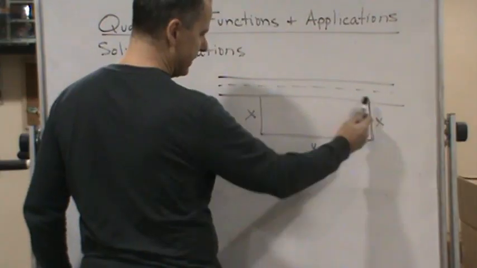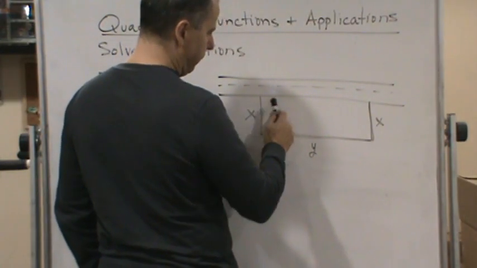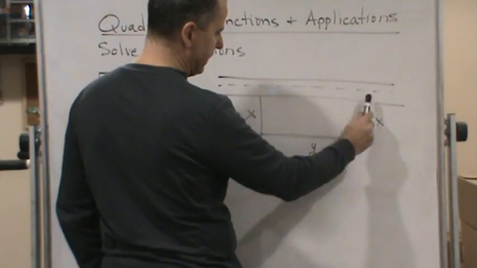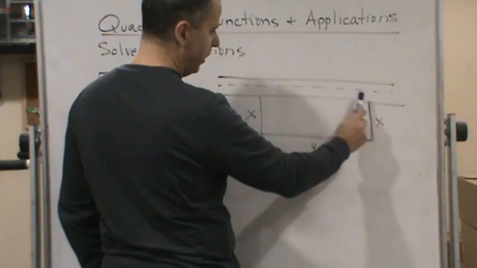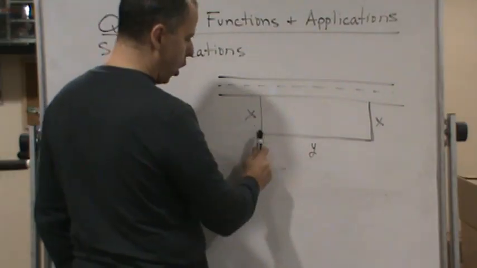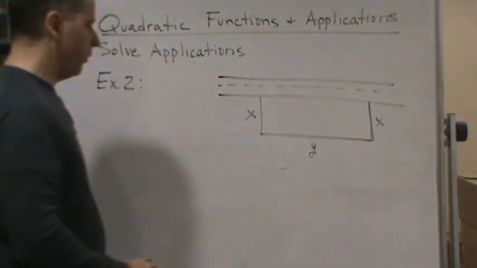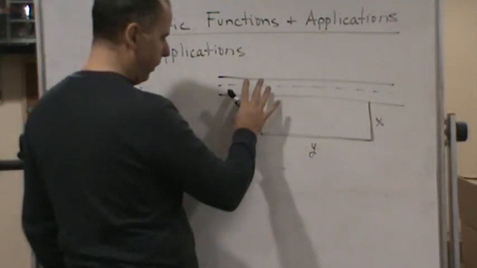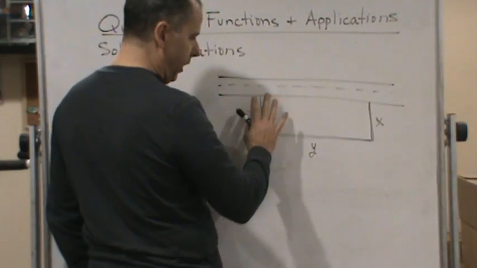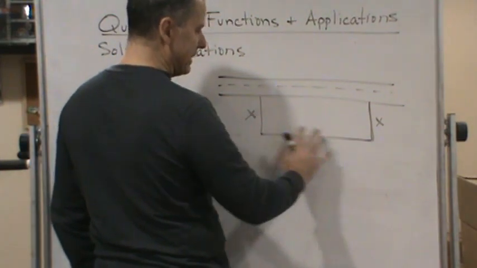Obviously, we don't want to fence this side. At least in this problem, they don't want us to. Assume that we're not going to fence in the side that's adjacent to the road. So we've only got so much fencing, linear feet of fencing, and we want to use all the fencing and maximize the area.